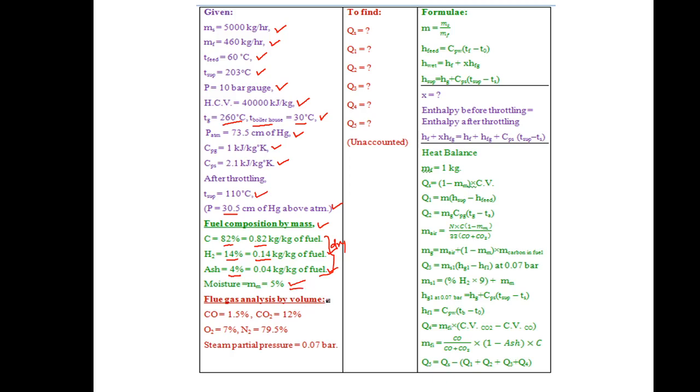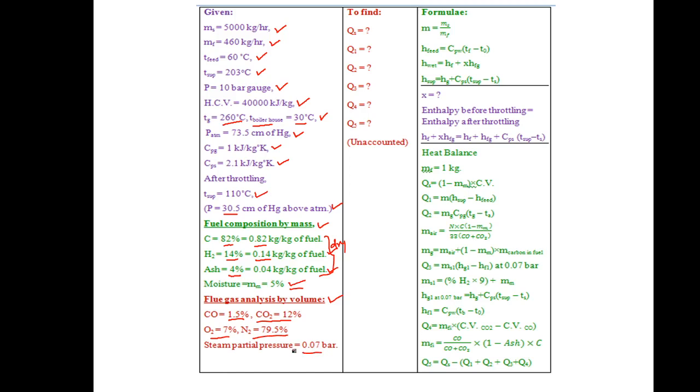Then the analysis of flue gases, which are coming out of this combustion, is also made. It contains 1.5% carbon monoxide, 12% carbon dioxide, 7% oxygen, and 79.5% nitrogen by volume. Then steam partial pressure is 0.07 bar.